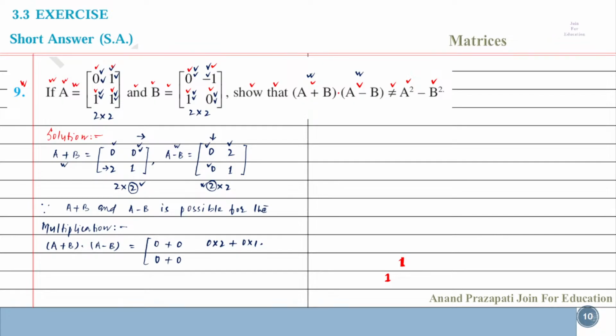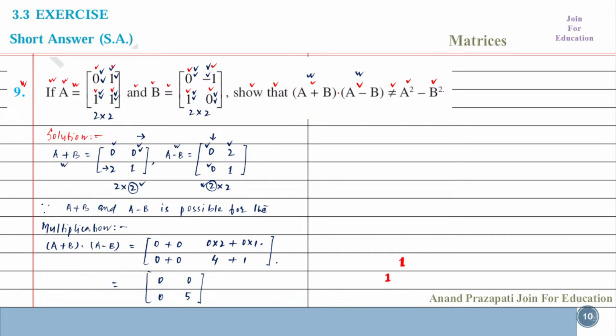Again 2 into 2 equal to 4, and 1 into 1 equal to 1. So we write down here plus 1. Therefore, here will be 0, 0, and 0 and 5. So this is the value of A plus B into A minus B.